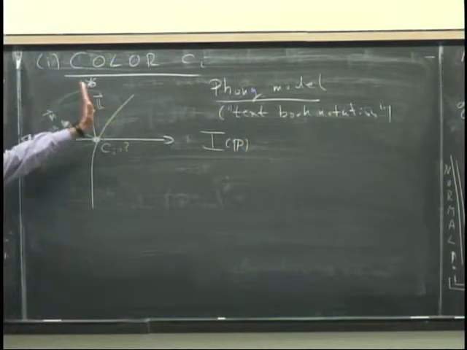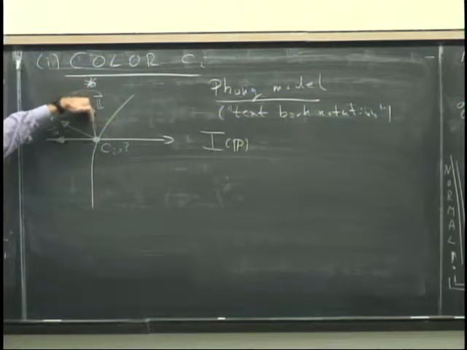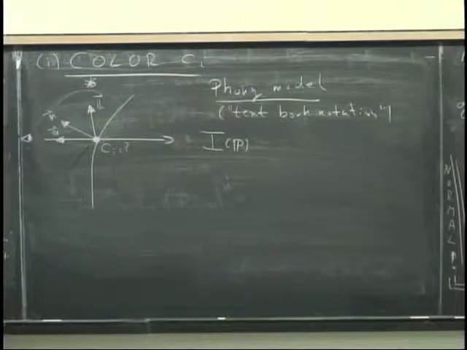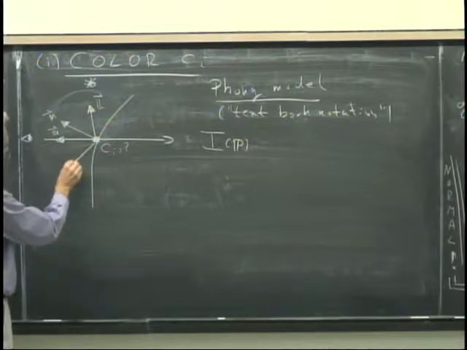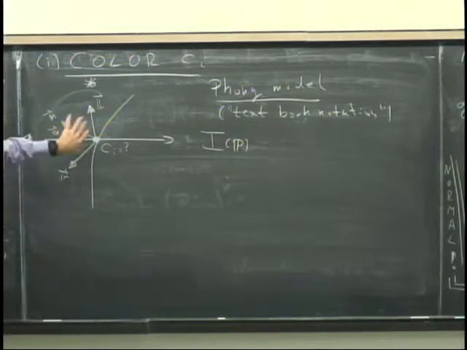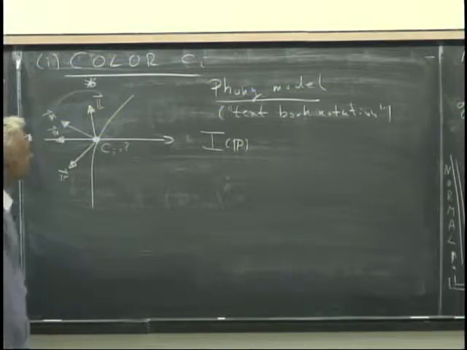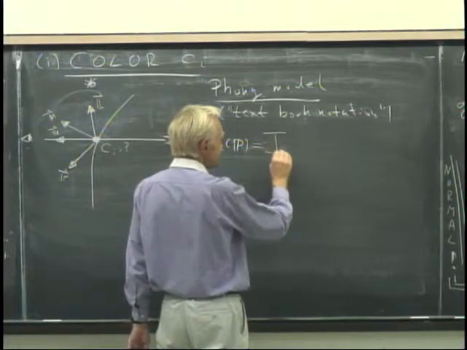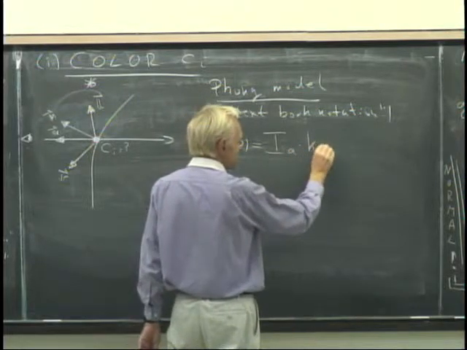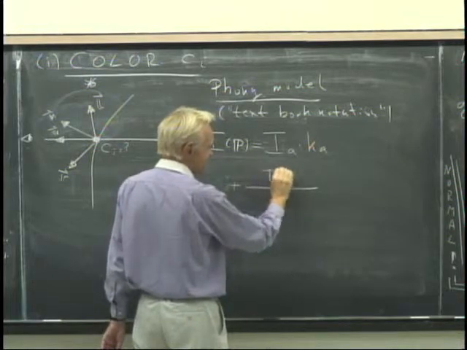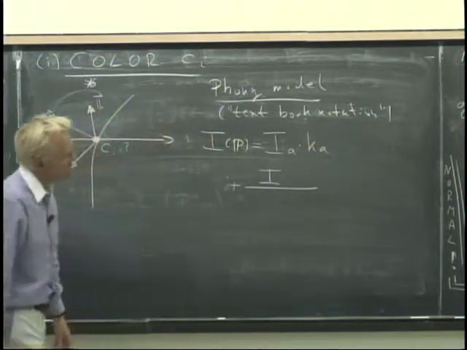And then there's a reflection vector, right? Light coming in like this, tangent plane, then light being reflected like that. So there's a reflection vector, R. And then there are angles between these things. So I of P: there was an ambient color, intensity of ambient light times some K sub ambient, plus something like this. Different textbooks have different formulas, actually, and contradict each other.